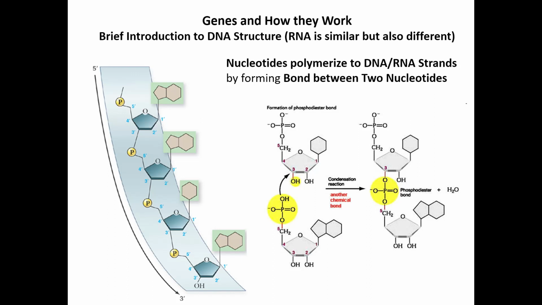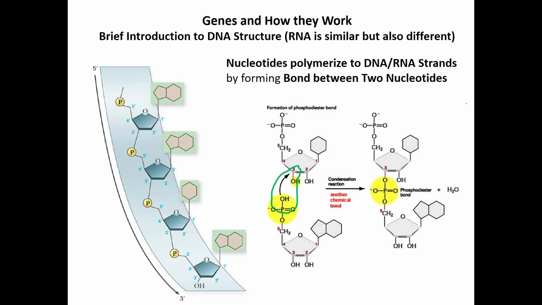So then, of course, we have to join those individual nucleotides into those DNA or RNA strands, and that happens by forming a chemical bond between two nucleotides. So in other words, here we remove a water molecule in the end by forming this bond between the phosphate group of one nucleotide and one of the sugar carbon atoms in the pentose sugar.